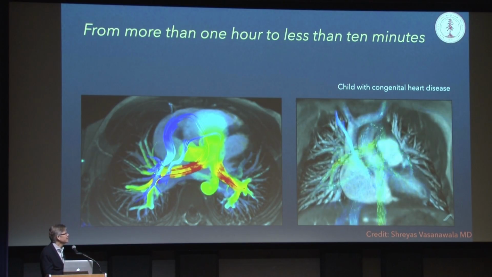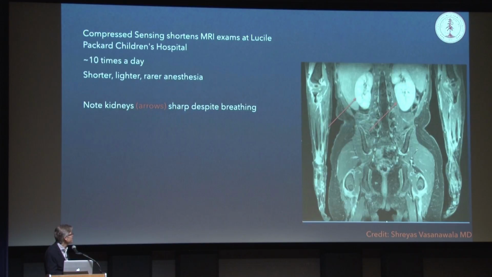And it's possible not just to produce images, but to produce movies, and not just of ordinary imagery, but even of vector fields of flow. As it turns out, this is now used routinely at LPCH, and multiple times a day. The benefits are the less anesthesia, or if there is anesthesia, you can make it lighter.